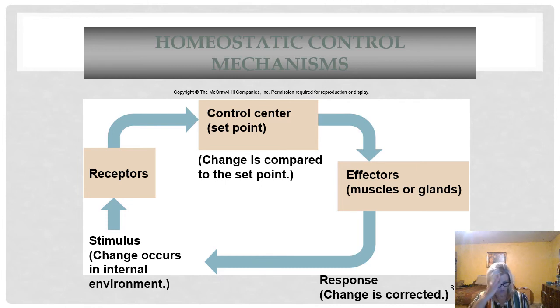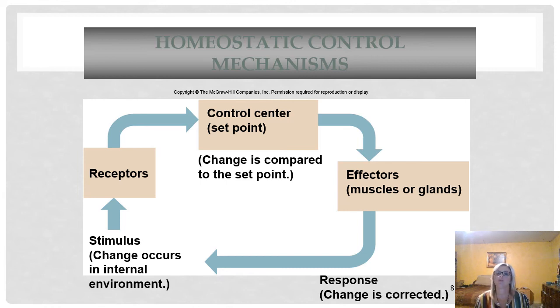You can look at this really, really well when we talk about maintaining body temperature, okay? So if you look at this example, you get really, really hot, what happens? Think about that. What happens when you get really, really hot? Well, you're going to sweat, right?